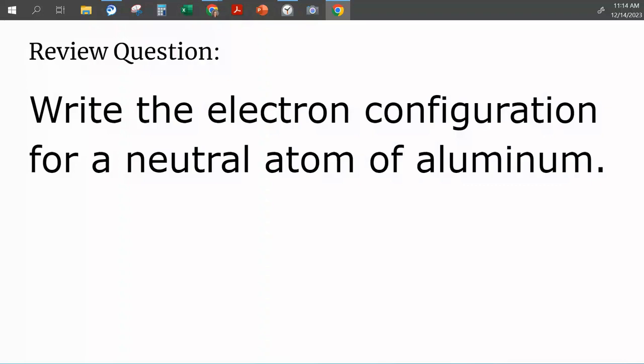All right, so what would the electron configuration be for aluminum? Al. Okay, aluminum is Al. What's the electron configuration? 1s2. Okay. 2s2.